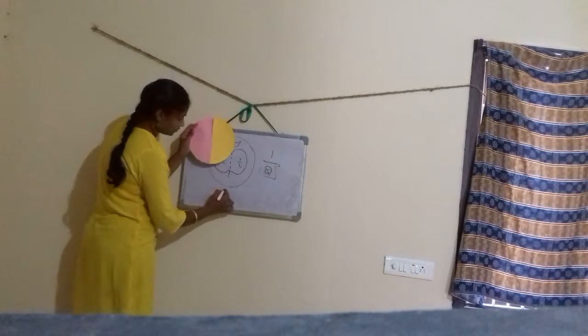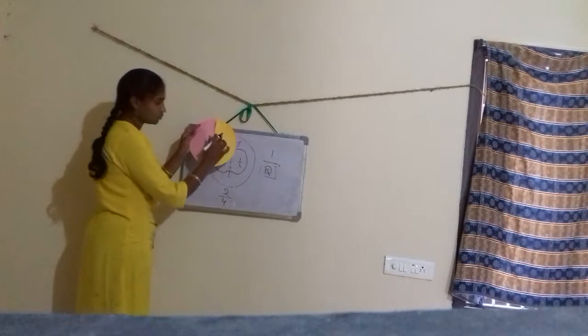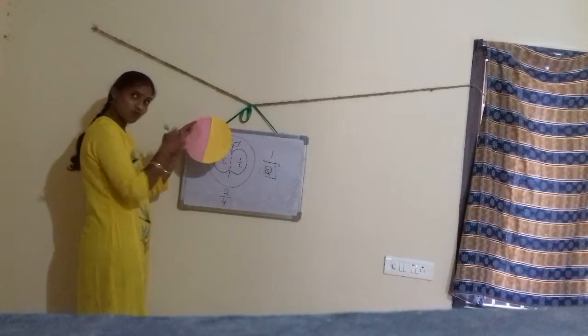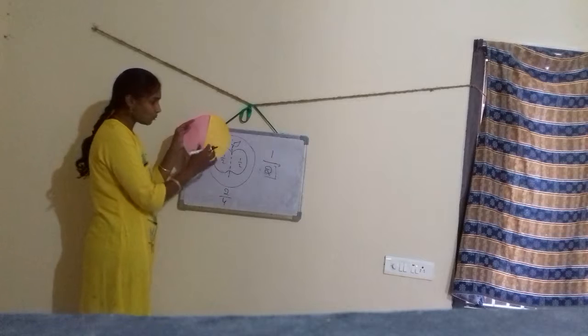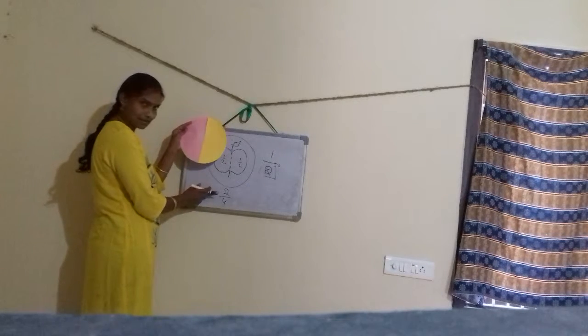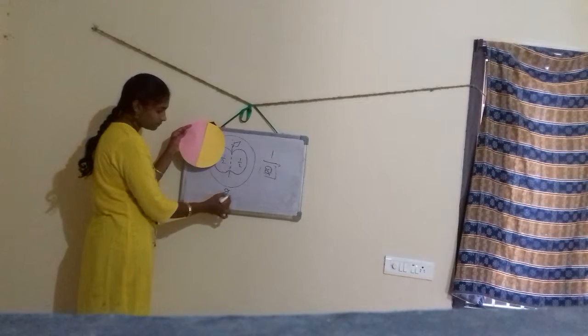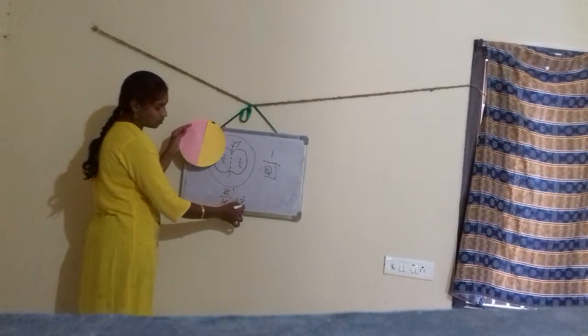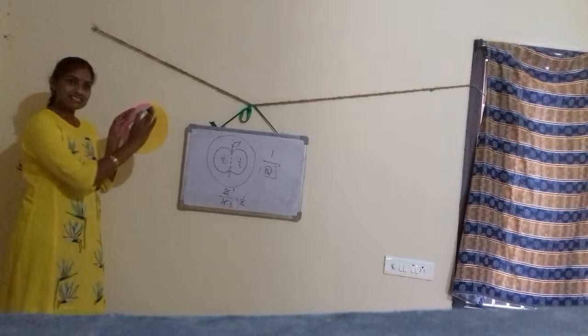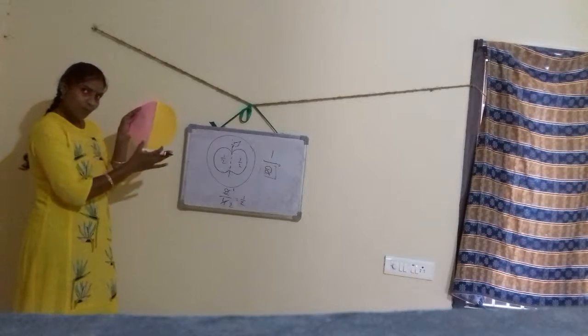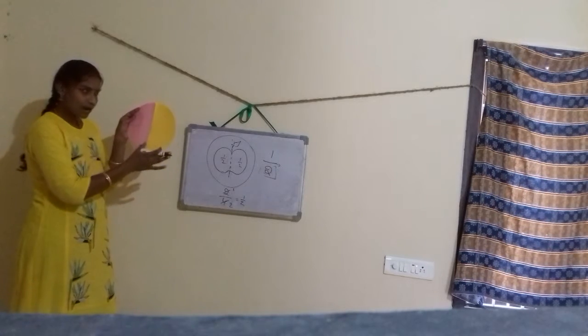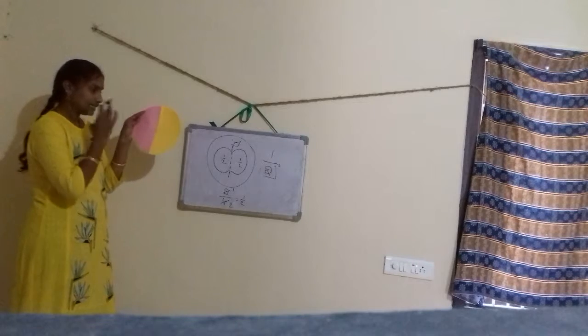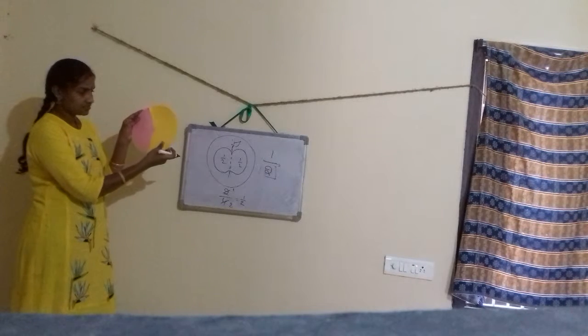Out of 4 parts, 2 parts are the yellow color part. So we simplify: 2 ones are 2, 2 twos are 4. It is the form of half. Half means half of the whole thing.